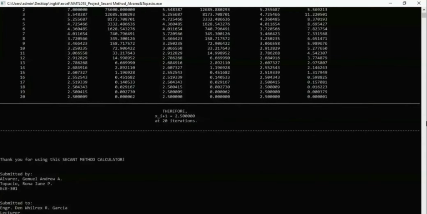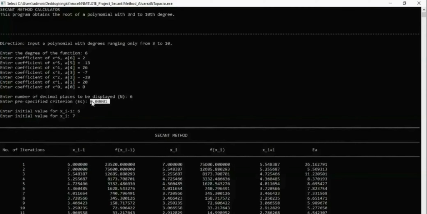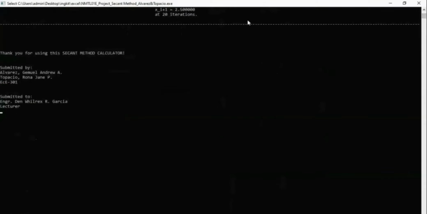Here we see that we obtained one of the roots of the polynomial we are solving, which is x sub i plus 1 equal to 2.5 at the 20th iteration. It stopped at the 20th iteration because the approximate percent relative error at this iteration is less than the pre-specified criterion. And this is how this program works.